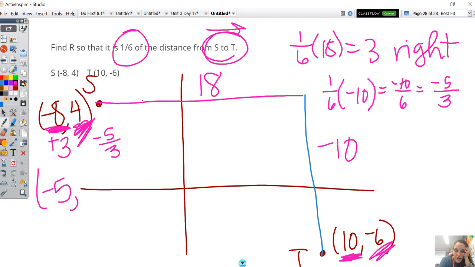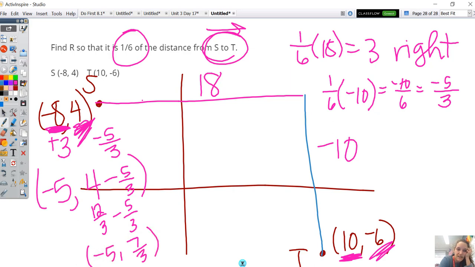So I have 4 minus 5 over 3. And that means I need to find a common denominator. So that would be 12 over 3 minus 5 over 3, which is going to put us at 7 over 3. So it's negative 5, 7 over 3 for my new coordinates of R, which is a sixth of the distance from S to T.